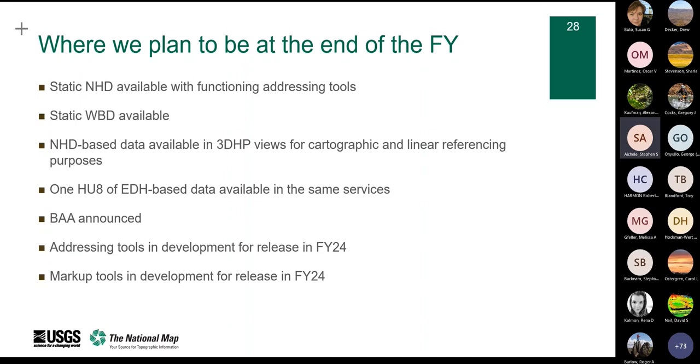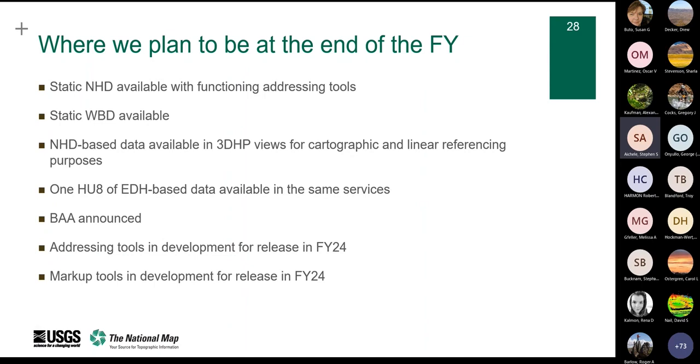So we will have the NHD data available in 3DHP, and we will have one HUC 8 of 3DHP-based data available in those same services. That's really sort of a proof of concept that the tools exist, that it works. And then next fiscal year, we're adding more of the validated data into the data set. We hope to have the BAA announced this fall, along with the 3DEP BAA.